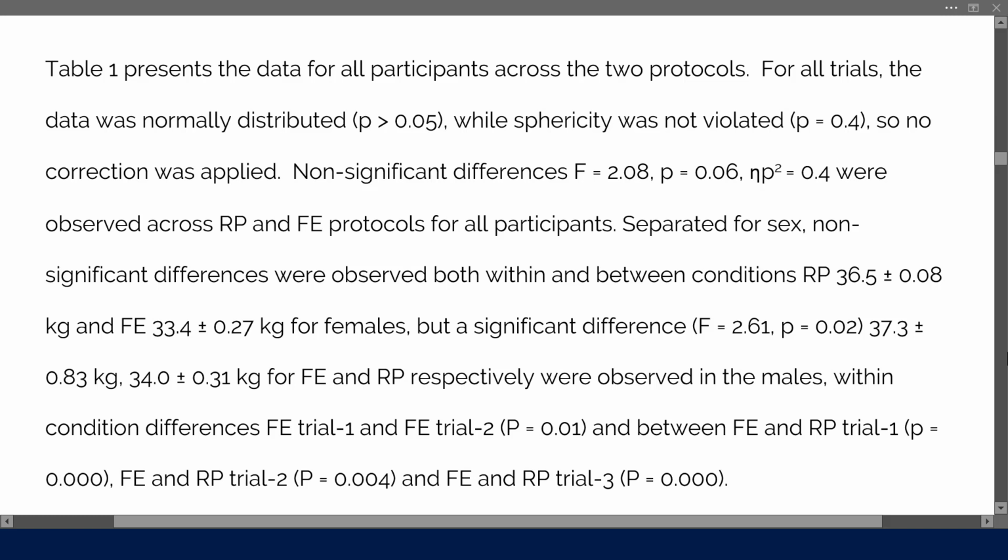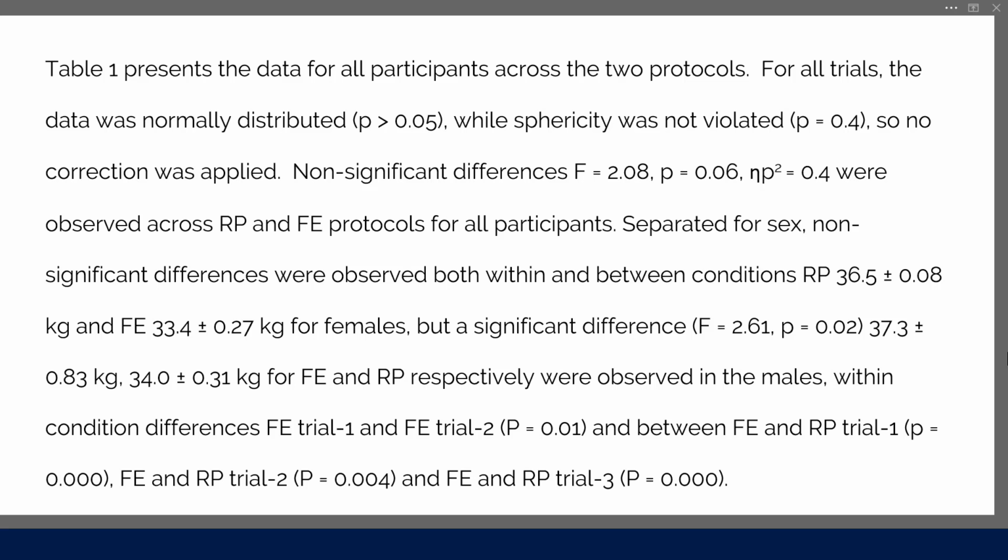So non-significant differences. F equals 2.08, P equals 0.06, partial eta squared equals 0.4 were observed across RP and FE protocols for all participants. Separated for sex, non-significant differences were observed both within and between conditions.